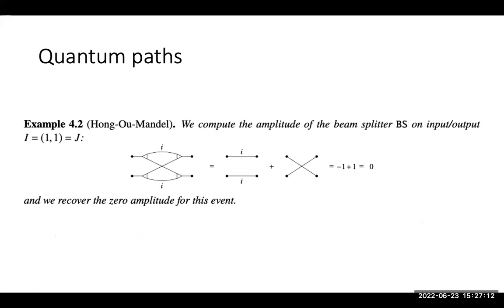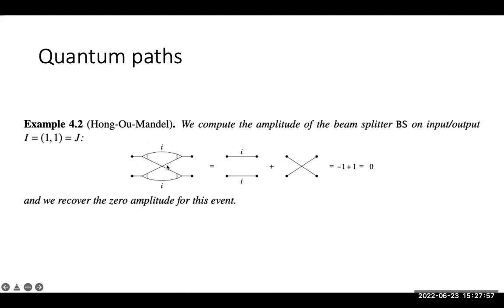So another thing we can show with the calculus is the Hong-Ou-Mandel effect. This effect is basically saying that if you throw 2 photons on a beam splitter exactly at the same time, they have to be coherent within the coherence time, the 2 photons never come out each their own way. They always bunch together. You can check this by computing the probability when you put 2 photons inside the beam splitter, so this is just the representation of the beam splitter, removing the 1/2, which we don't care about.